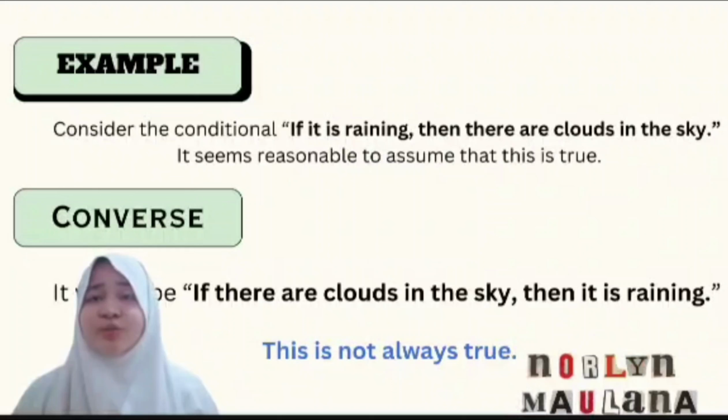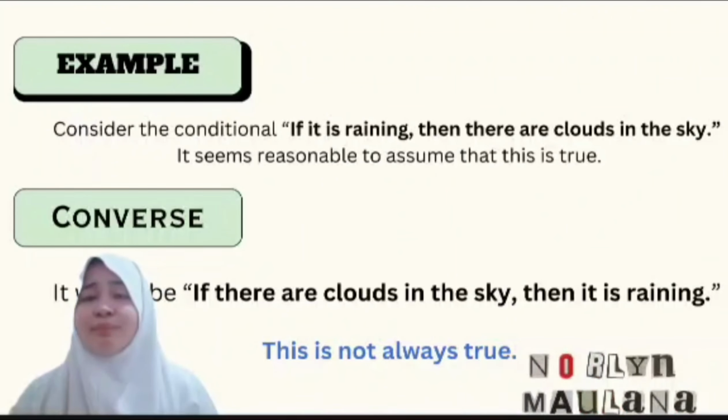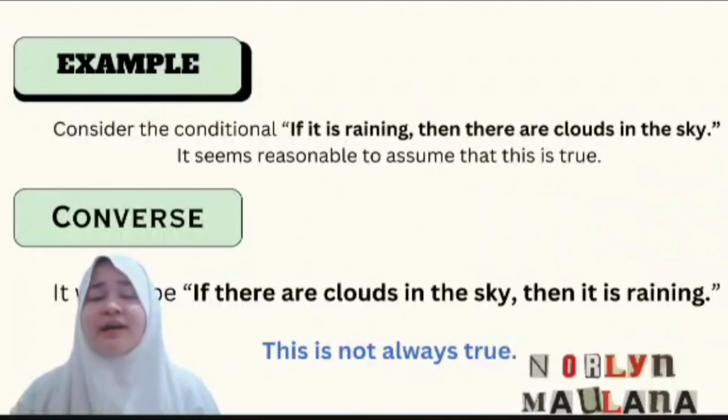In terms of construction, if we notice, only the positions of the hypothesis and conclusion are reversed. From the original sentence, the "if it is raining" is at the front; in the converse version it becomes the "then" part, at the end. And the "then" from the original form becomes the "if" in the converse version, "if there are clouds in the sky."